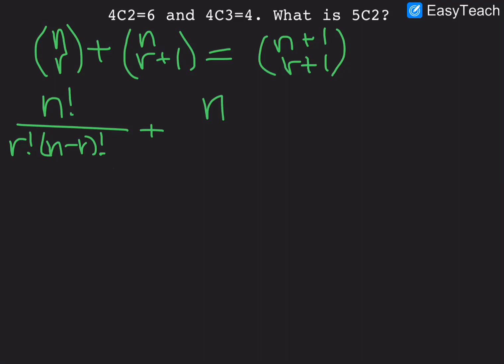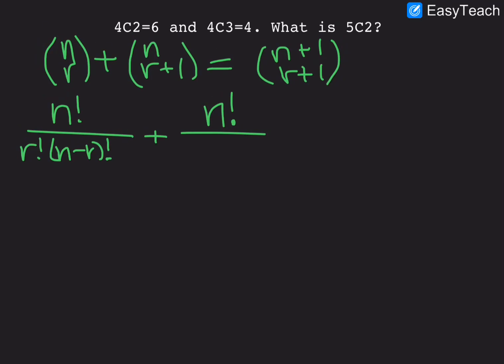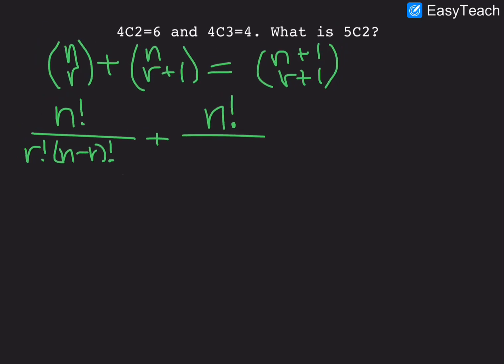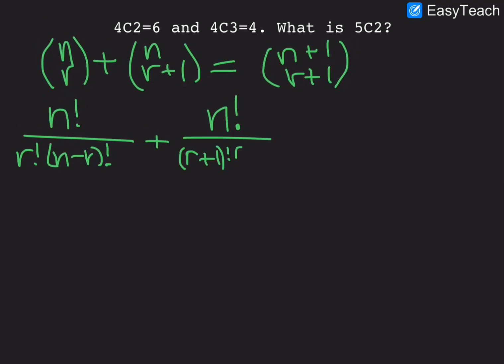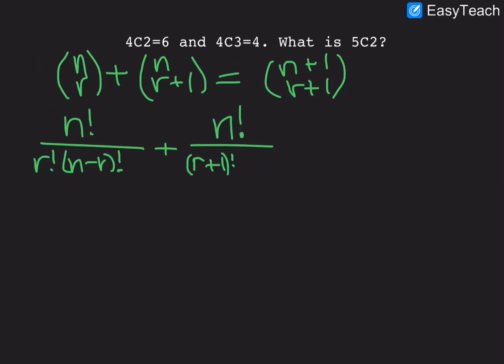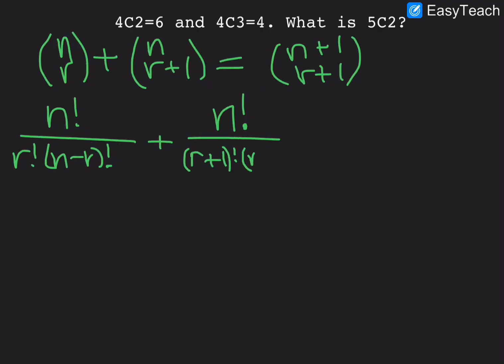Second one's going to be n factorial at the top, times r plus 1 factorial times n minus r minus 1 factorial.